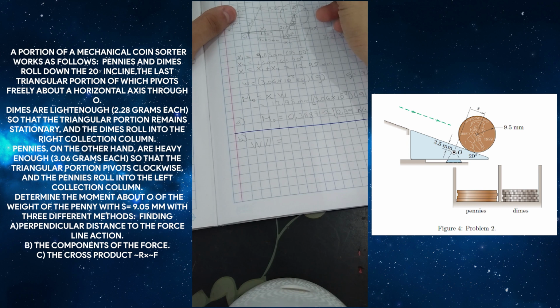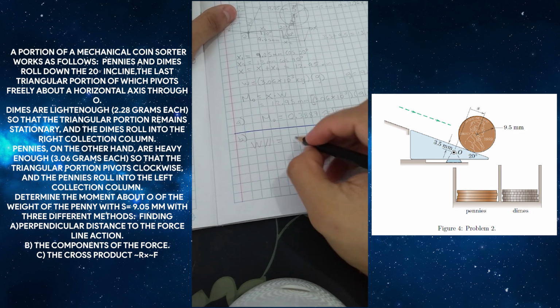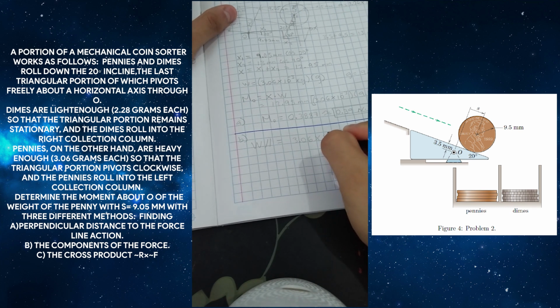Therefore, the side is the weight times sine of 20 degrees. Well, the weight is 3.06 times 10 power negative 3 times the gravity times sine of 20 degrees.